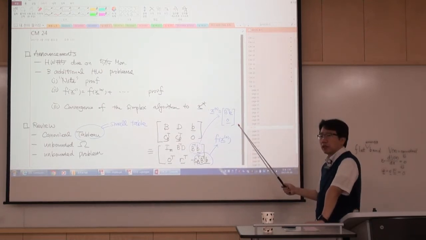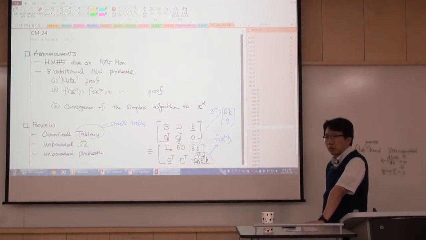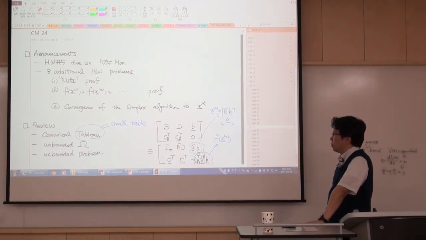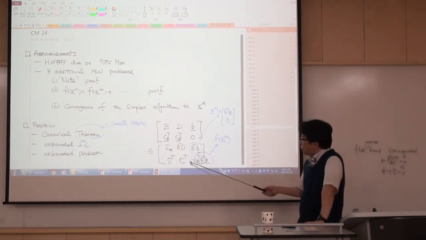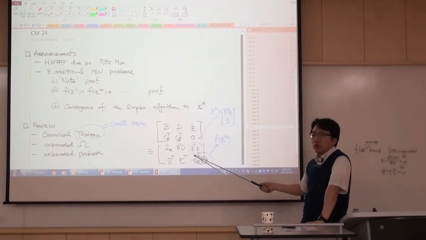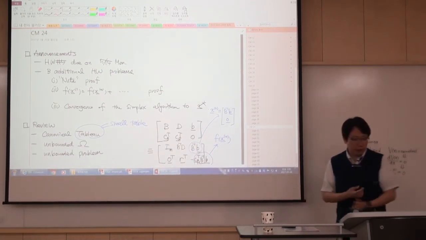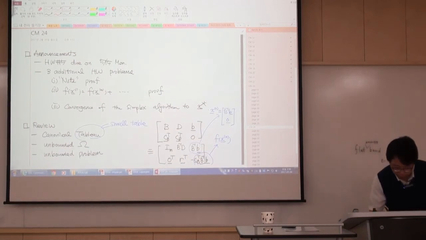Then the corresponding augmented matrix after elementary row operations is this tableau called the canonical tableau. And this canonical tableau contains a lot of information. What is this r transpose? We call this the relative cost coefficients. So this is called RCC.